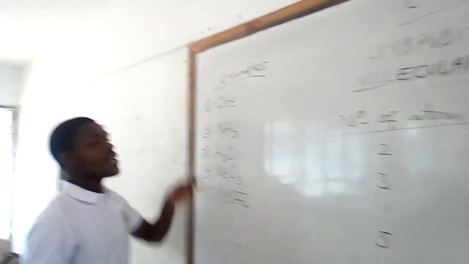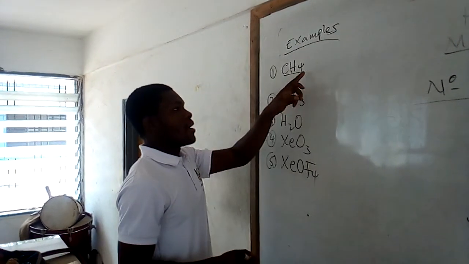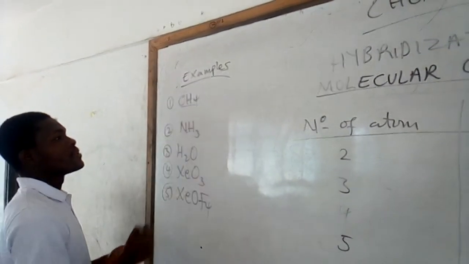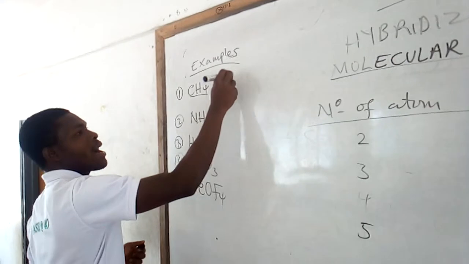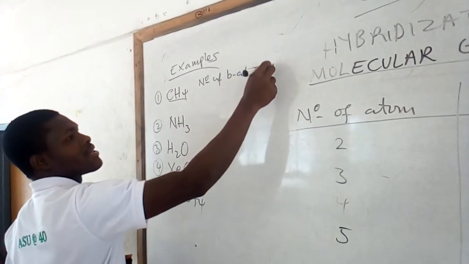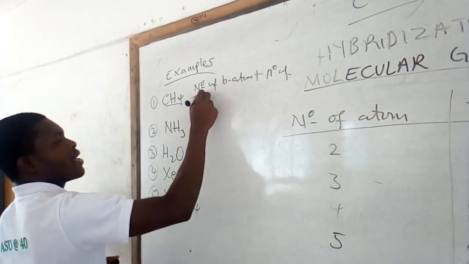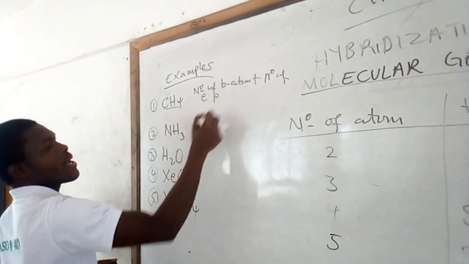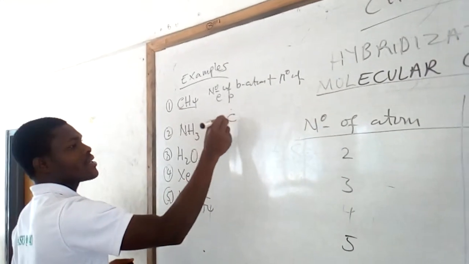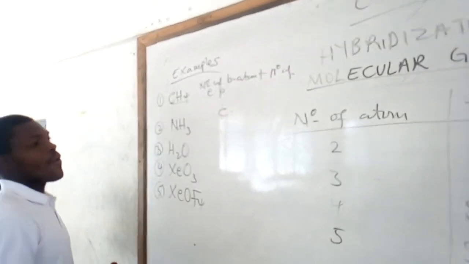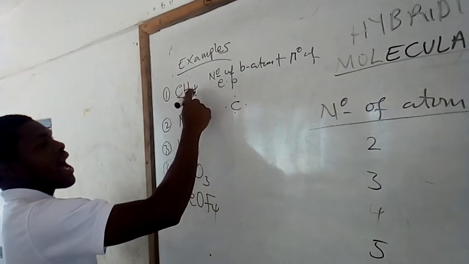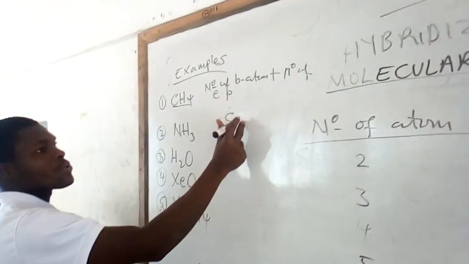So here, let's consider CH4 first. If you want to know the shortcut for finding the type of hybridization this molecule will undergo and its shape, it is just the number of bonded atoms plus the number of lone pairs. Carbon has 4 valence electrons and shares a bond with 4 atoms of hydrogen.